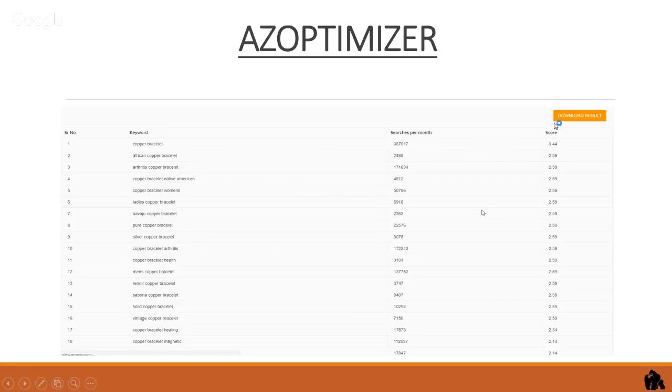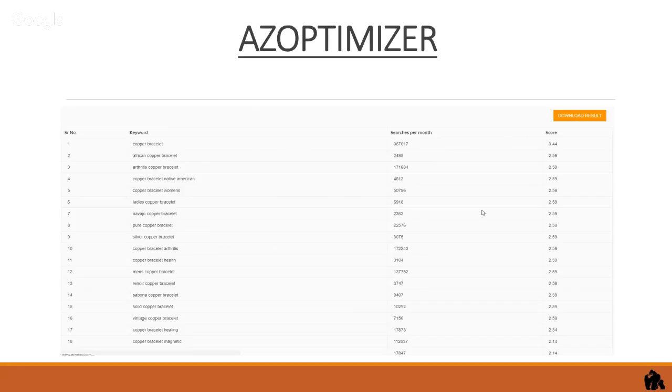Now, what you can do is just download the results. When you got them downloaded into a spreadsheet, you can sort them. You can basically do whatever you want with them. But the idea is to try and find the most relevant keywords that are probably less popular, because the more popular of a keyword, the more expensive that's going to be in your pay-per-click campaign. Copper bracelet, for example, is going to be a very popular term because we can see that 367,000 people are searching that per month.